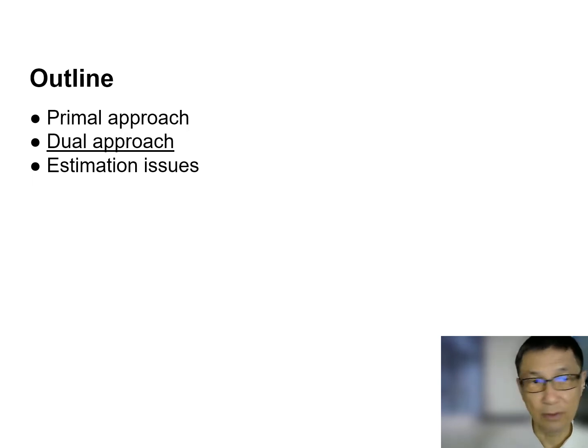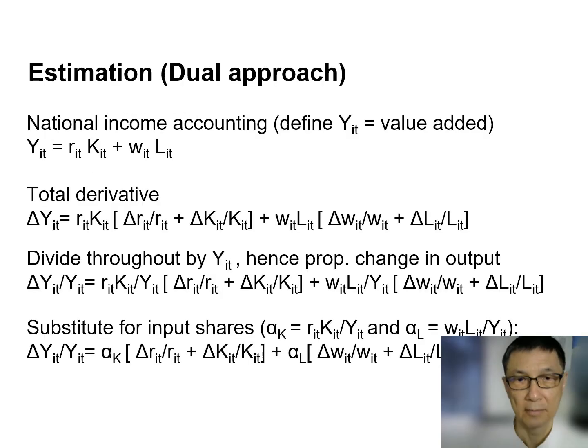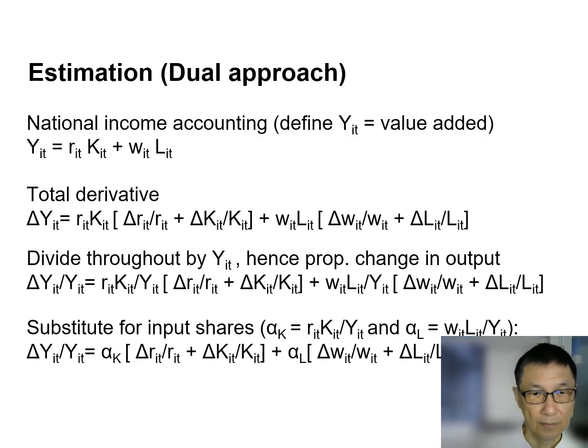Next, I will review the dual approach, focusing on the parametric method. The dual approach starts from the national income accounting equation, where value added is the expenditure on capital services plus the wage bill.